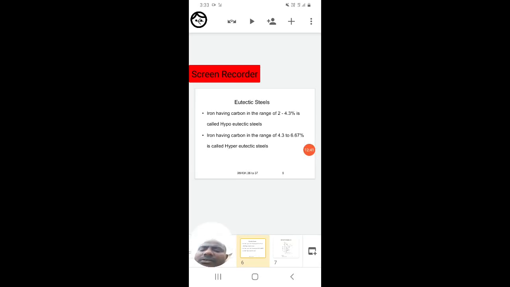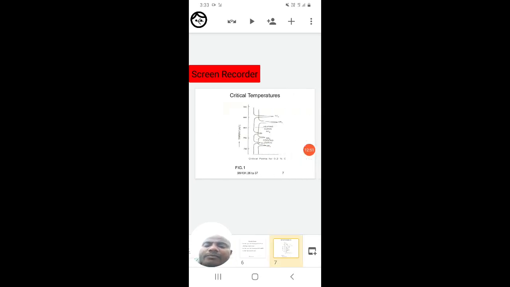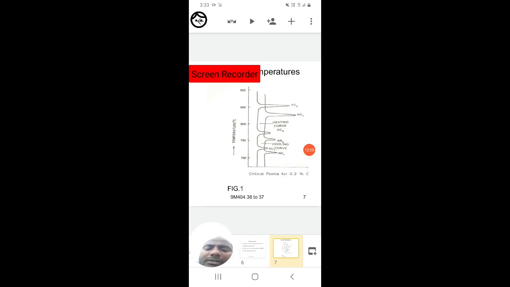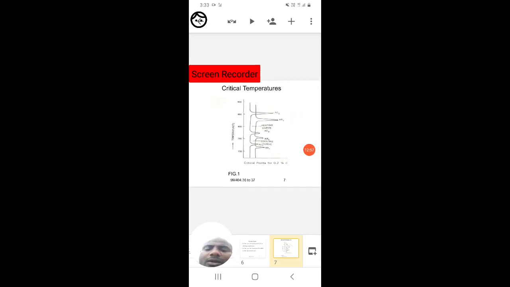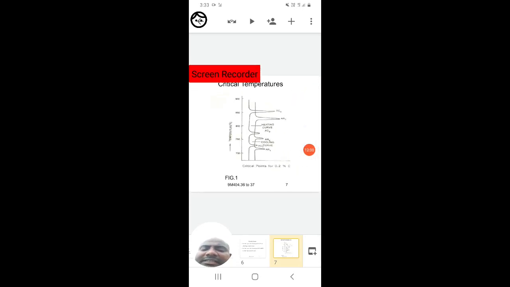In these reactions the phases are changed. How? Solid, liquid, solid plus liquid, which types of phases change, that is mainly what we study. Before that we see the critical temperatures. You will see that temperature is on the y-axis and percentage of composition is on the x-axis.